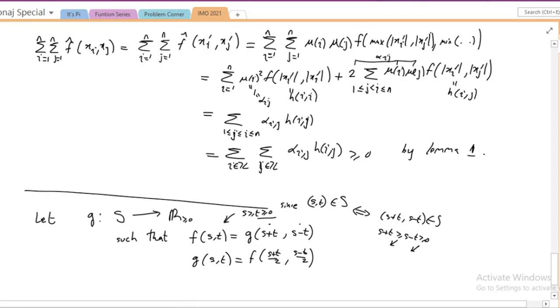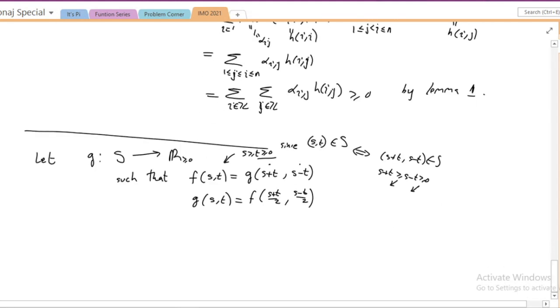So when one value is in the set, the other value is also in the set, so it's very well defined. Okay, so meaning we can rather write the function in terms of g, and use this relationship especially. Okay, so f greater than or equal to 0 is the same as g greater than or equal to 0, and we've covered that already.